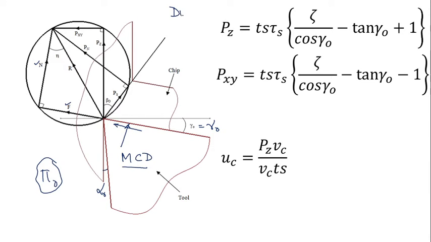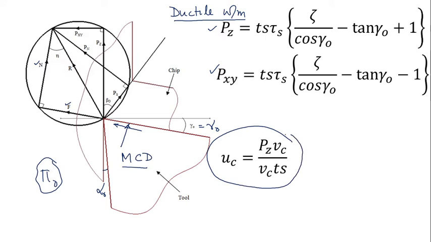For a ductile work material, our material would be a ductile work material, this is the expression of PZ, this is the expression of PXY, and this is the expression of specific cutting energy, where the numerator of the specific cutting energy is the cutting power, and the denominator is the material removal rate.